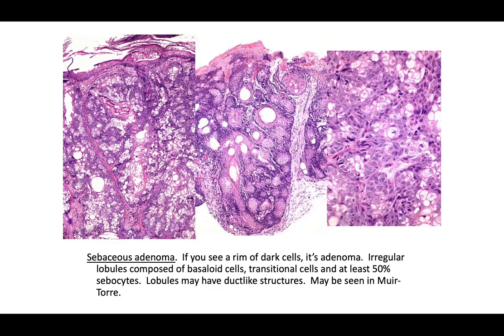Unfortunately, sebaceomas can look exactly like sebaceous carcinomas, and vice versa, depending on the sampling. So in real life, we often sign these out as atypical basaloid proliferation. Excision is required to be able to rule out a sebaceous carcinoma.